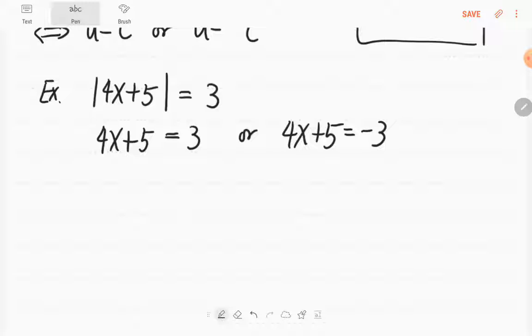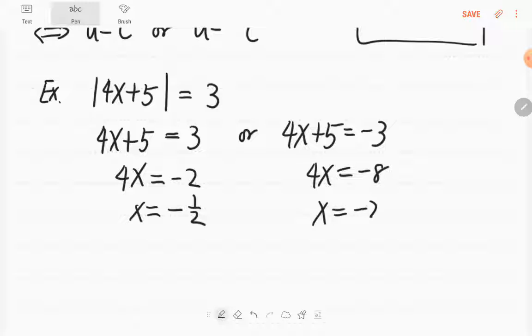For the first equation, we subtract 5, so 4x equals negative 2, so x equals negative 1/2. And for this one, you will have 4x equals negative 8, so x equals negative 2. So actually you have two solutions.